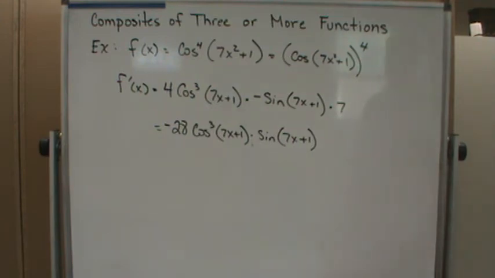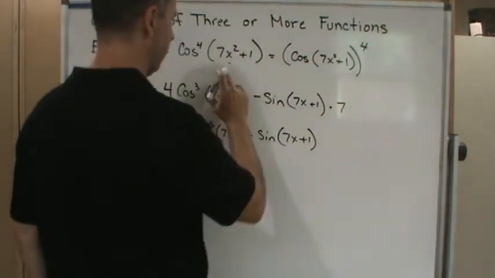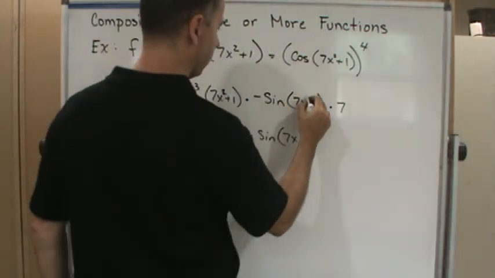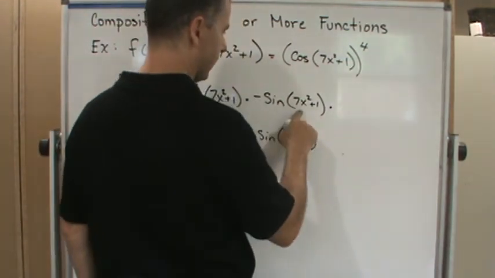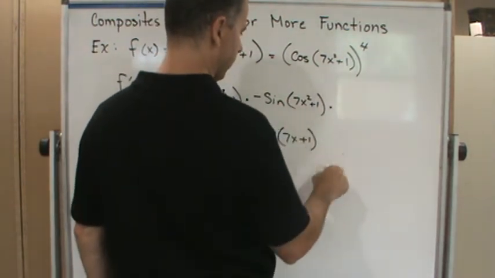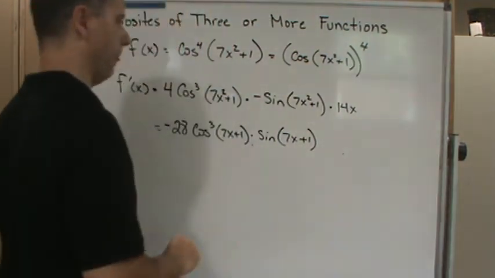Oh, no, hold on a second. I messed up. I dropped my square here. Hold on. Square, which means this is not going to be that. So again, notice how I dropped my power here. So this is going to be 14x.